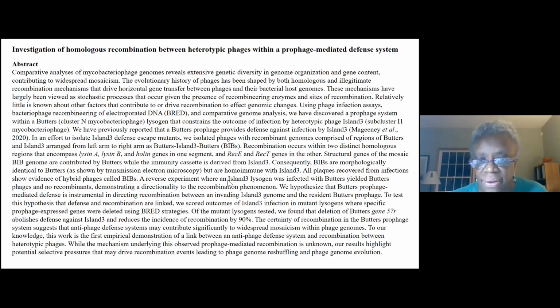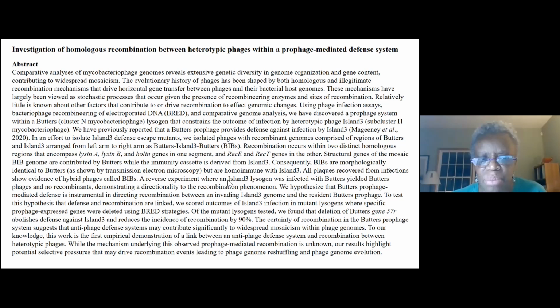Okay, so it turns out that when Island 3, as I said, infects a bacterium that harbors Butters, every now and then there are Island 3 phage that can break through the defense. You know, it's like breaking down a barrier, knocking down a door in some way.